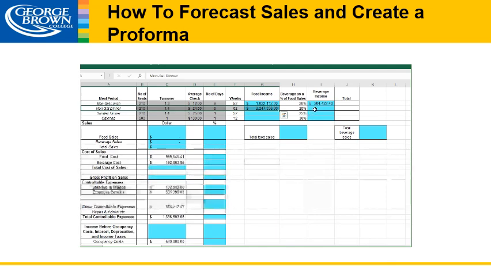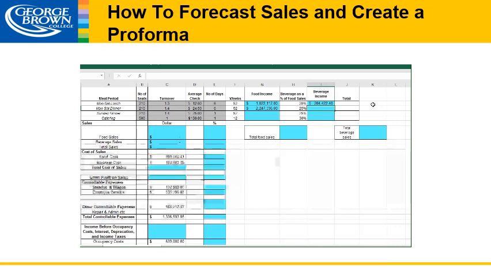Okay, just multiplying straight across. And again, because we're calculating our beverage income as a percentage of sales, we take our food sales and multiply it by that percentage, which is 25% in this case, to get a beverage income of $561,834.